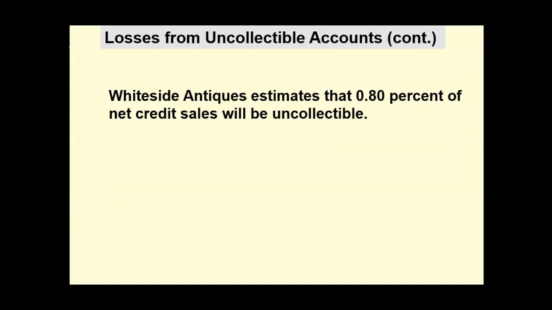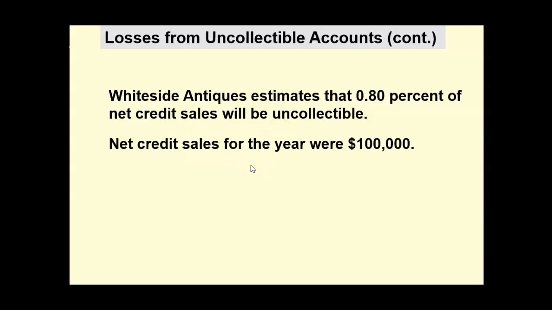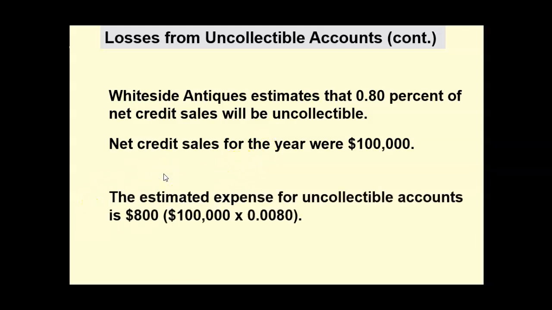One example: Whiteside Antiques estimates that 0.8% of their net credit sales will become uncollectible. For the year, they had net credit sales in the amount of $100,000. To estimate the expense, they'll multiply their net credit sales times their percentage, 0.8%.